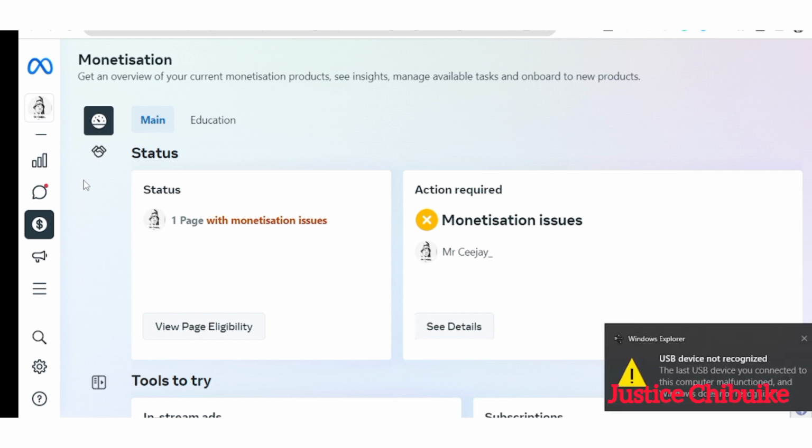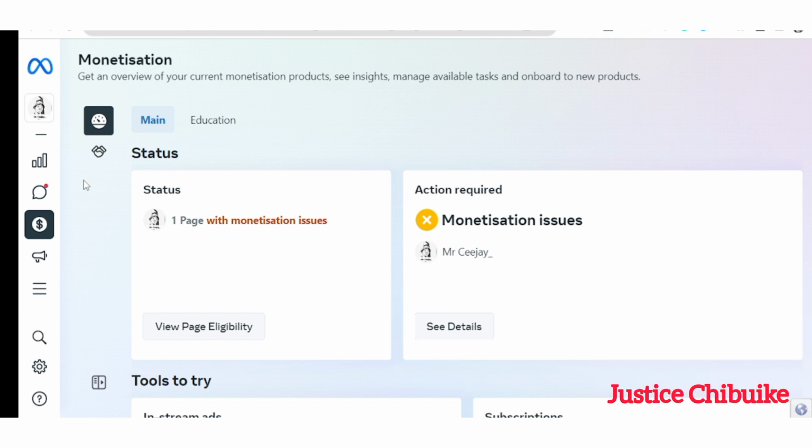If any content on your page violates any of this, then you are going to go ahead and delete it. Okay, so that is the first step to take.